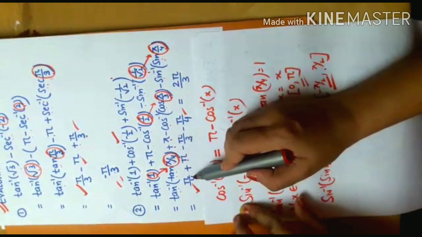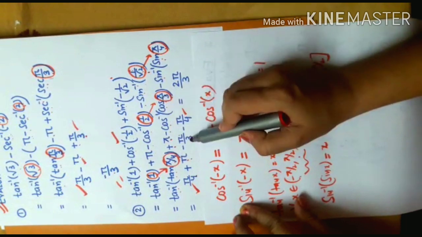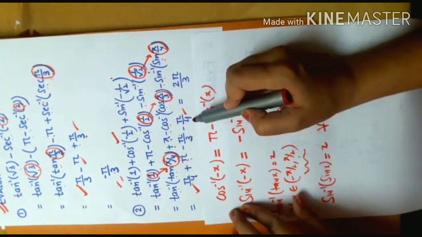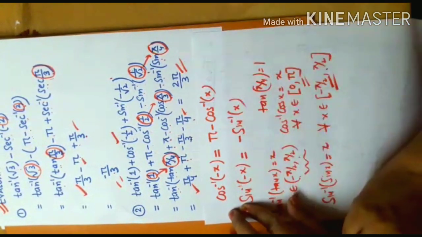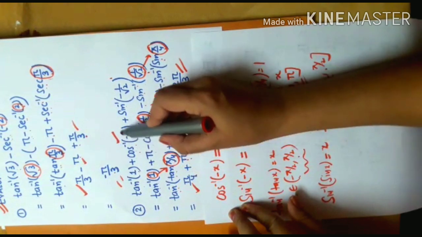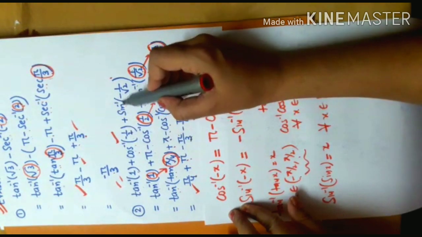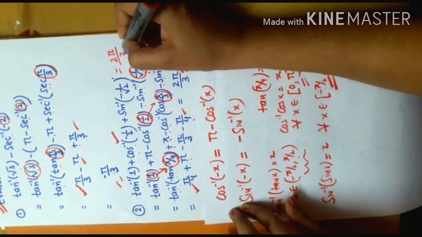So we get pi by 4 plus pi minus pi by 3 minus pi by 4. On simplification, you will get the value as 2 pi by 3. So tan inverse 1 plus cos inverse minus 1 by 2 plus sine inverse minus 1 over root 2 is 2 pi by 3.